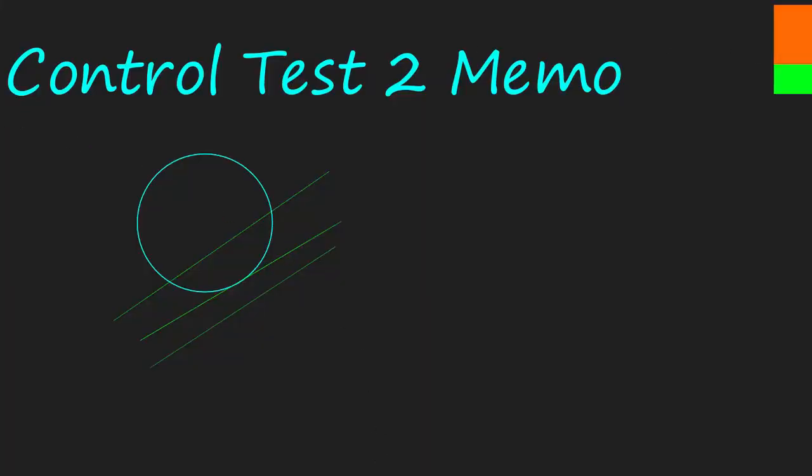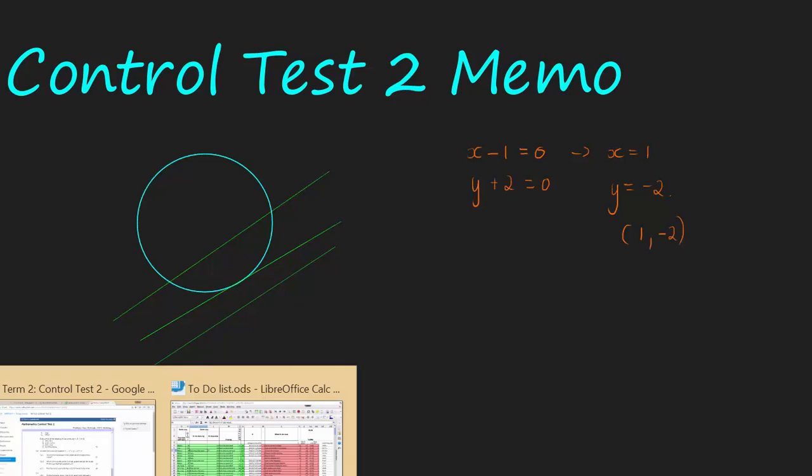So x minus 1 is equal to 0, and y plus 2 is equal to 0. You just take those brackets, make them equal to 0, and then you get x is equal to 1, or y is equal to -2. That's the coordinates of the center.